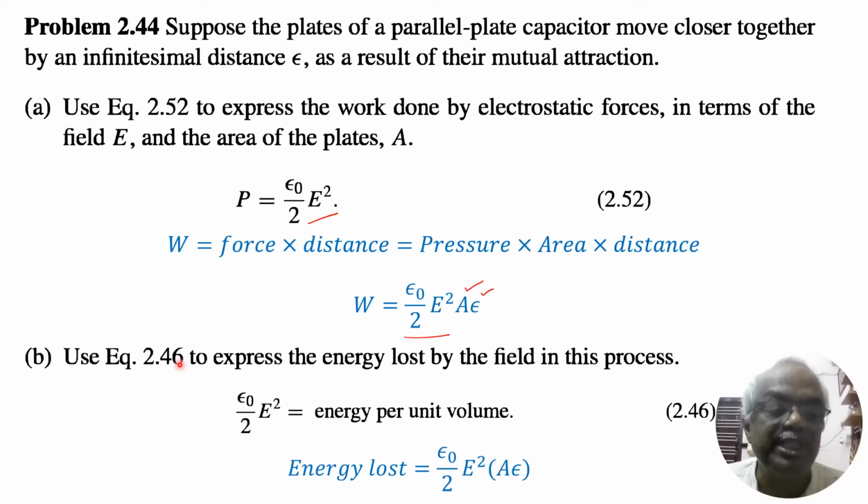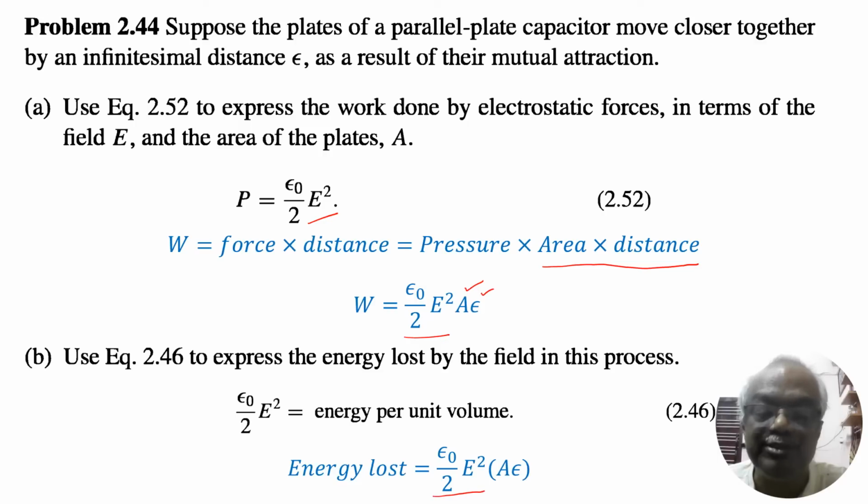Then use equation 2.46 to express the energy lost by the field in this process. The energy stored per unit volume is epsilon naught divided by 2 E squared. The total energy lost is obtained by multiplying this by volume. Area times distance is volume, so the energy is epsilon naught divided by 2 E squared times the decrease in volume.